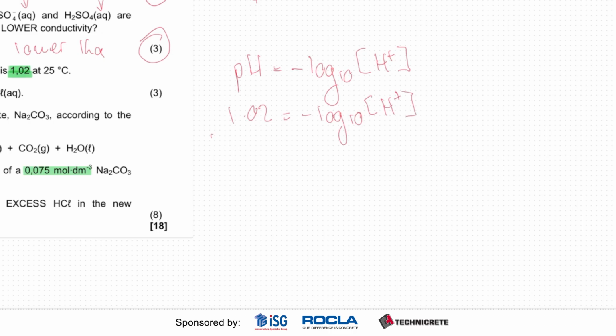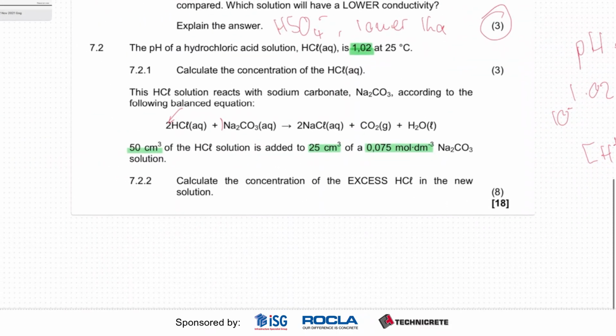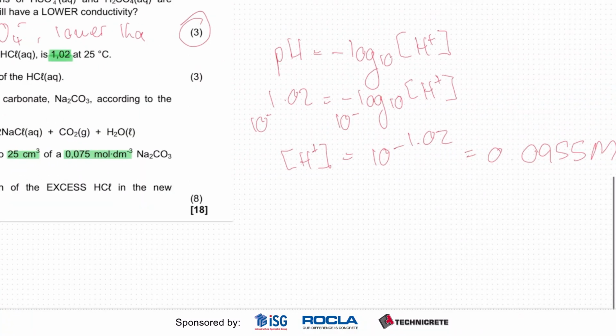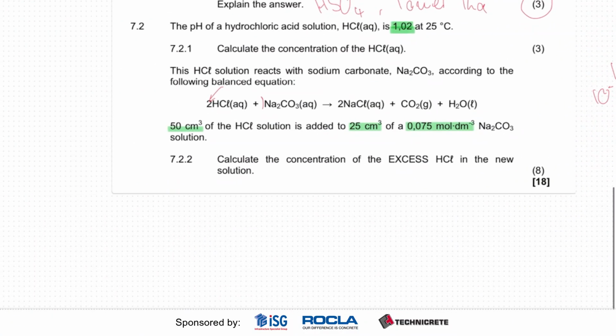We just raise everything to 10 to the negative, and therefore H plus equals 10 to the negative 1.02, which equals 0.0955 molar. Blonde moment. Okay, so now we've gotten that. Perfect.